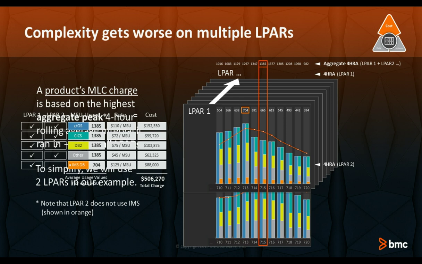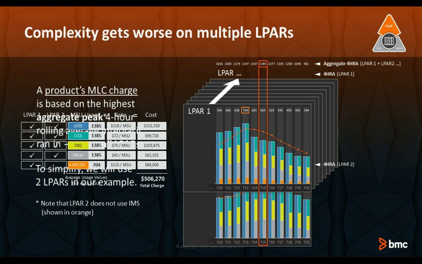But let's say, for example, IMS didn't run on LPAR 2. All of the other subsystems, z/OS, CICS, DB2, and other miscellaneous MLC products run on both LPAR 1 and 2, so they will be charged 1385. Whereas IMS only ran on LPAR 1, and it will be charged the peak of that LPAR.